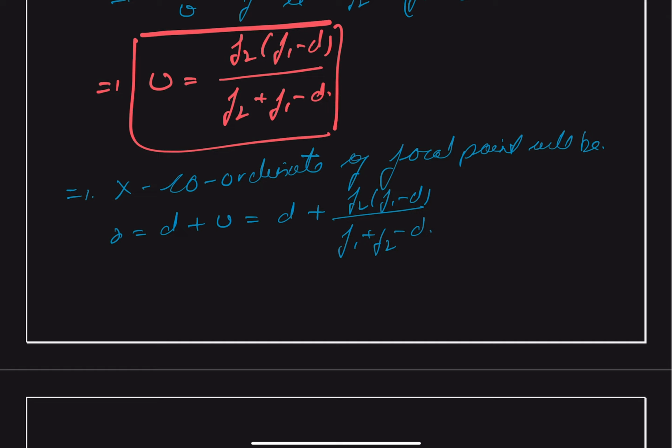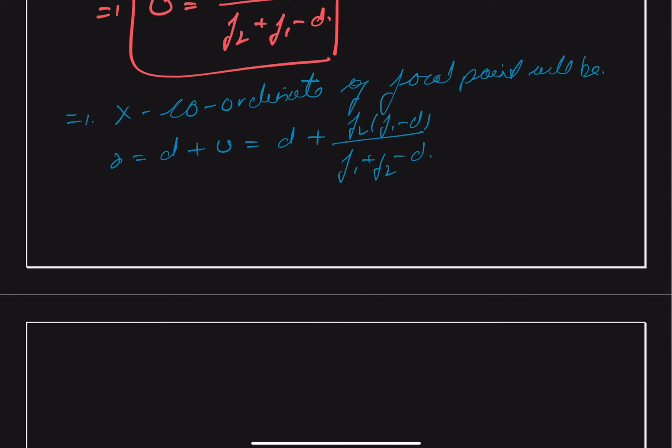We can solve it further and write x as f1 plus f2 minus d, and it will come as f1 f2 plus d times f1 minus d.